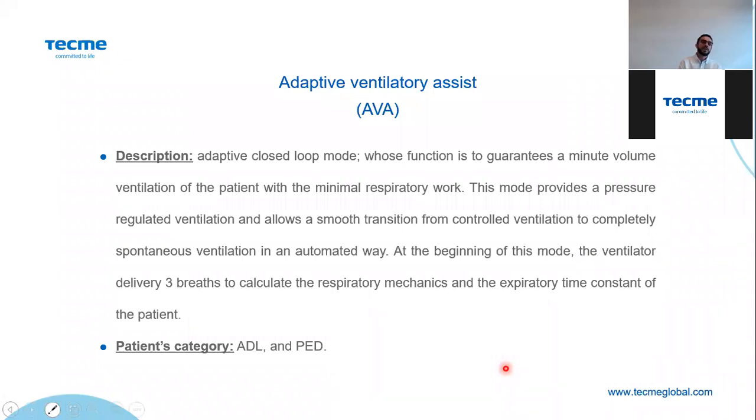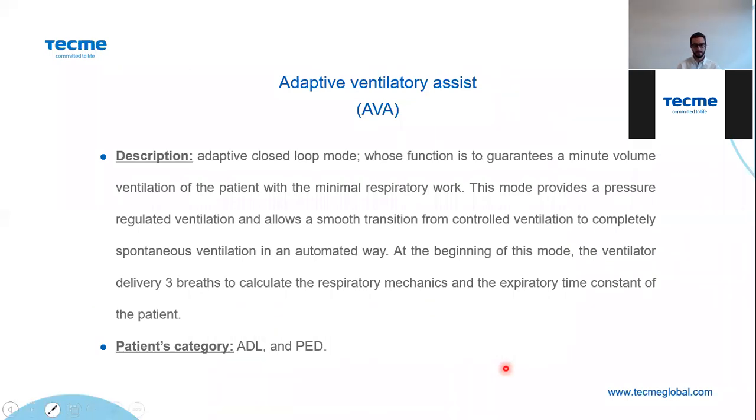Next ventilatory mode. The next one is ASV, or adaptive support ventilation. Okay, this is a closed loop mode, whose idea is to guarantee a minute volume ventilation with minimal respiratory work.